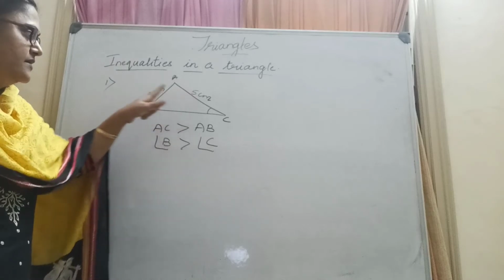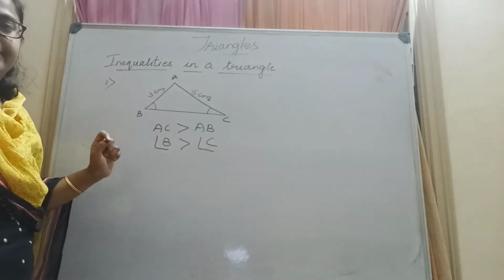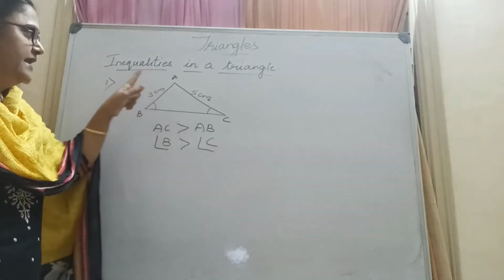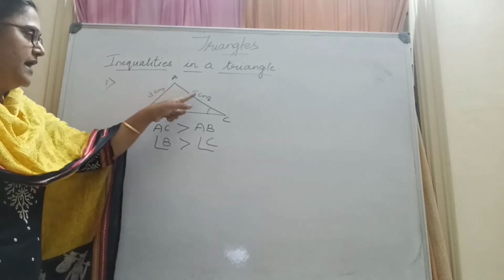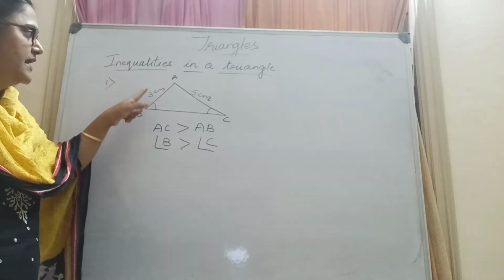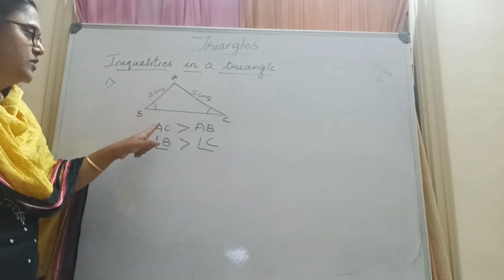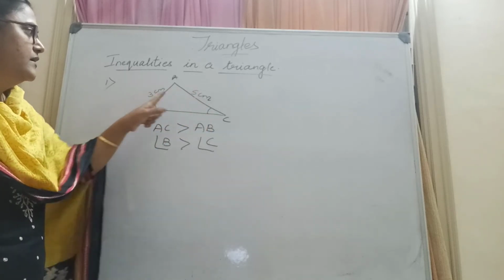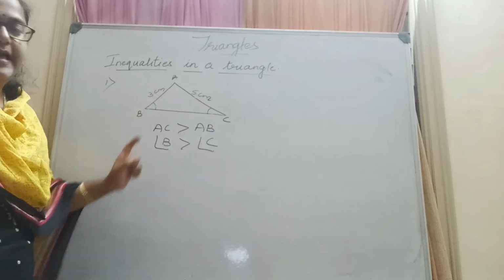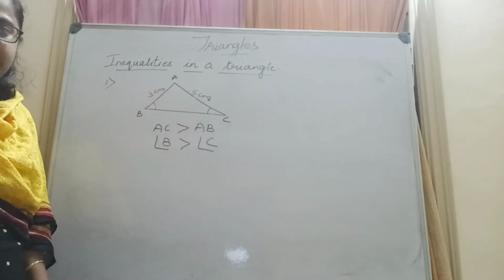AC is the greater side, so the opposite angle will be greater. AC is greater than AB, so the angle opposite to AC is greater than the angle opposite to AB. So if AC is greater than AB, angle B is greater than angle C.